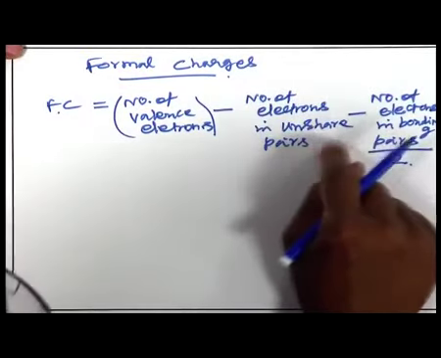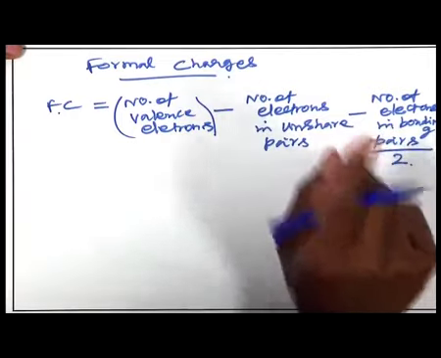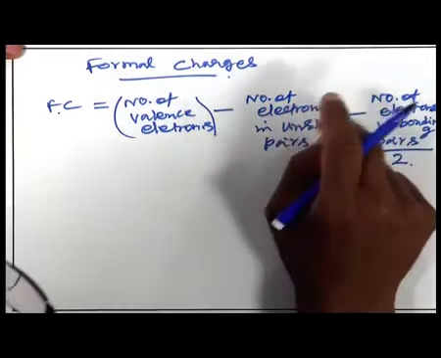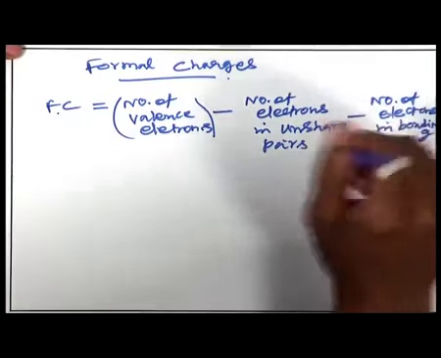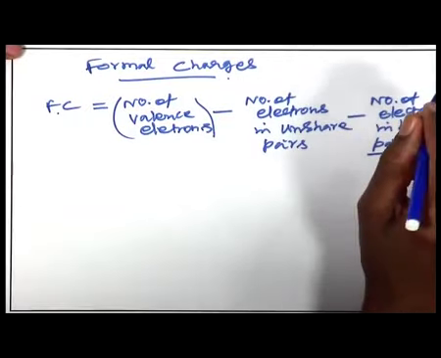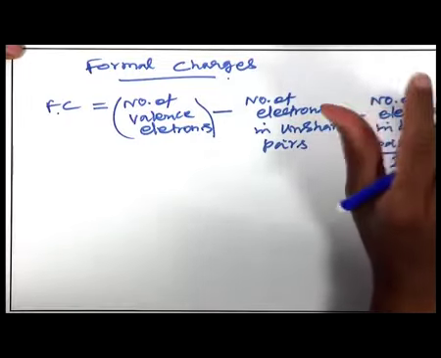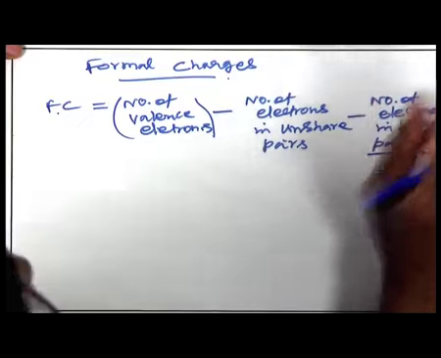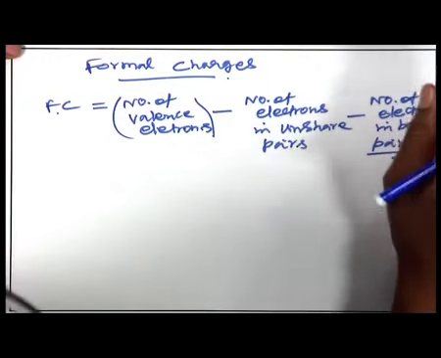So, you take the valence electrons and from that you subtract the number of electrons present in lone pairs, that is, unshared pairs. Suppose you have a lone pair, the number of electrons is 2, not 1. Then you subtract the number of electrons in bonding pairs. Each bond consists of 2 electrons, so that should be divided by 2.